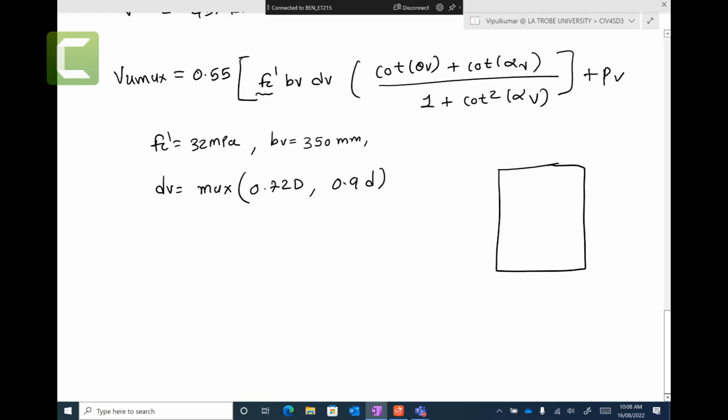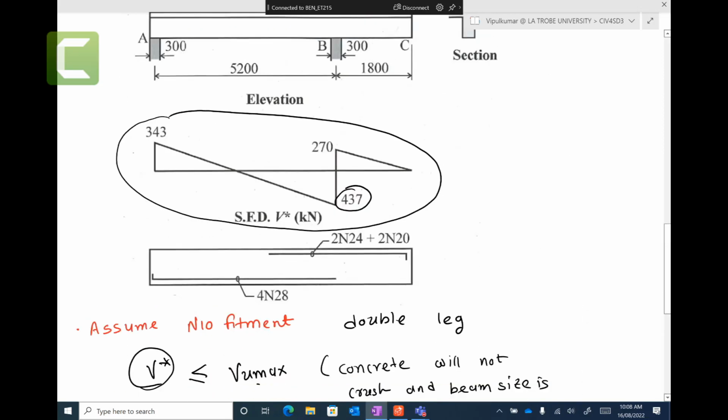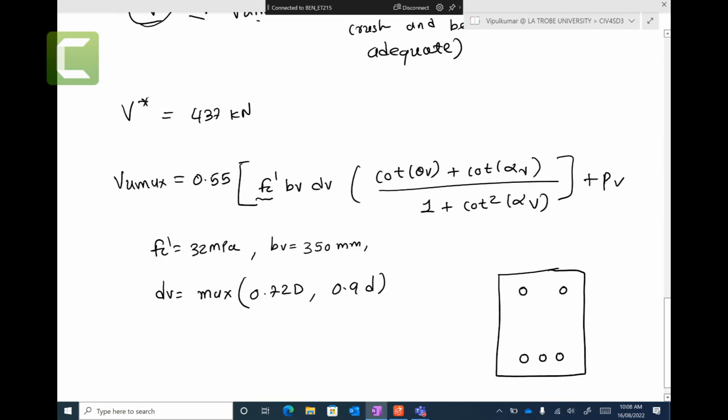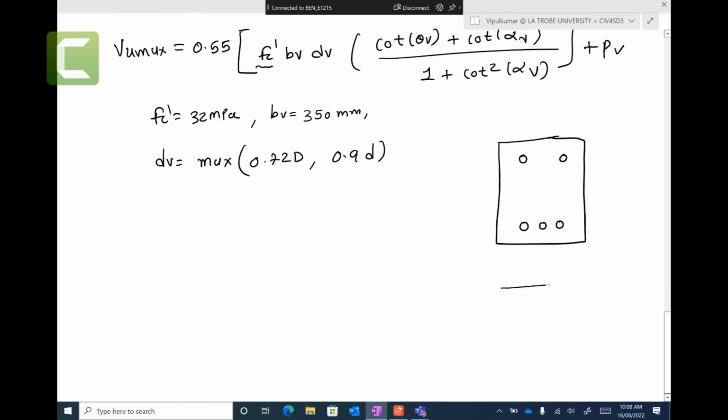From here we have this reinforcement. This is a cantilever, but this part is not cantilever and this part is cantilever. If you do it for both sides, small d would be similar. If you make it 3 bars here or 2 bars here, it could change small d for this part.